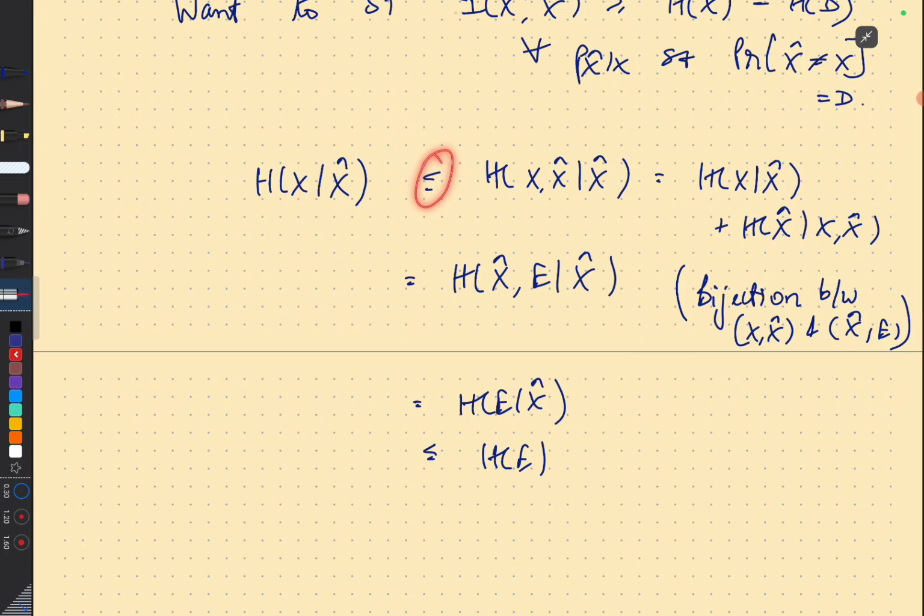So it's in fact an equality. So finally I have h of e given x hat is less than or equal to h of e, because conditioning can only reduce the entropy.